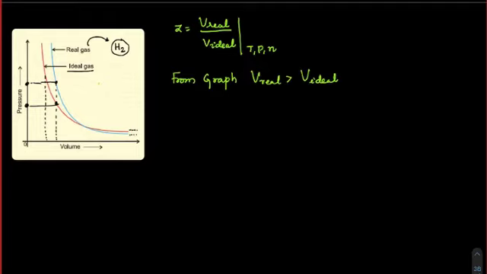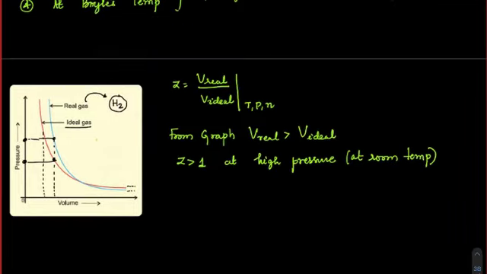So therefore we can say that here Z would be greater than 1, but in which case is it happening? At high pressures, and this was usually taken at room temperature.